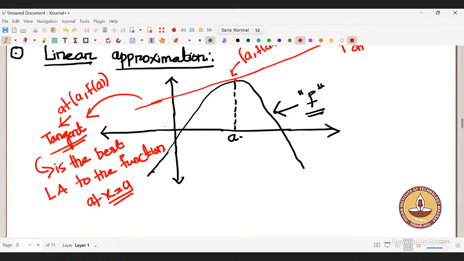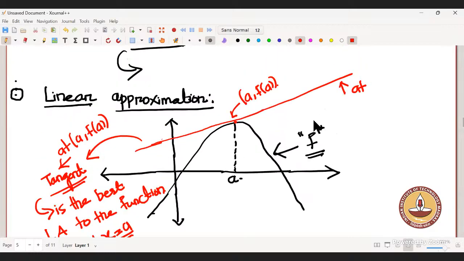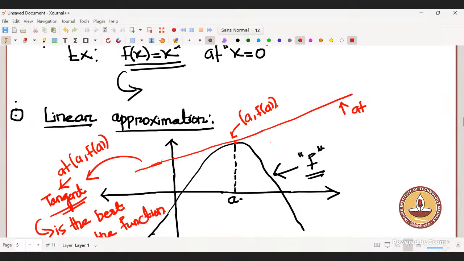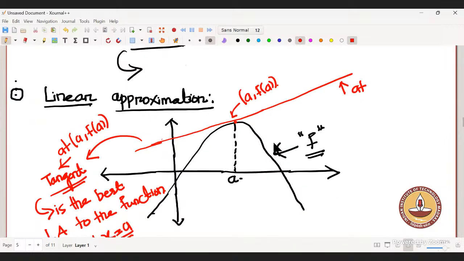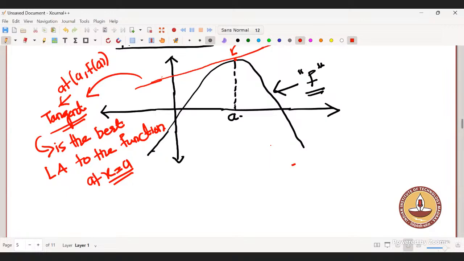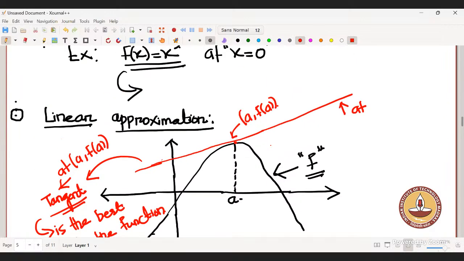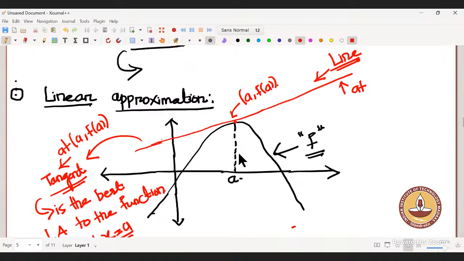The only thing you know is that this tangent is a line, right? Who asked this question? Are you here? Yes, sir.